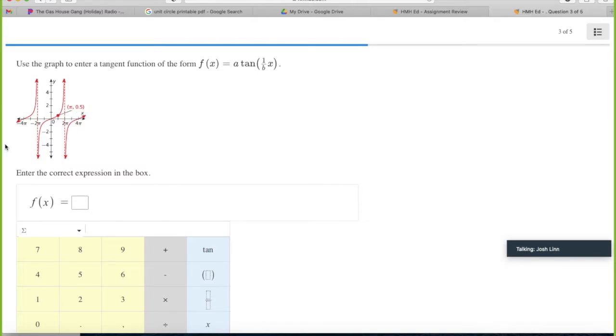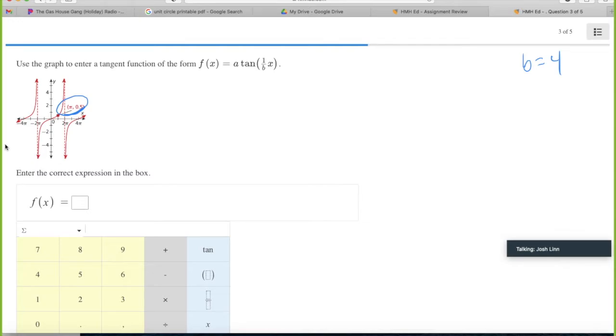So if we take 2 pi minus negative 2 pi, that would be 4 pi. So our b equals 4. Now we plug that in along with this little point right there.